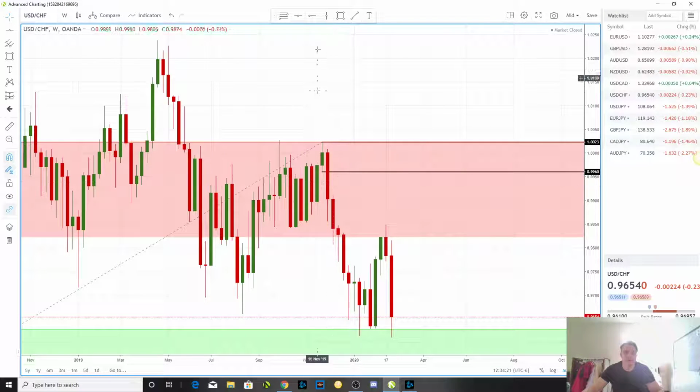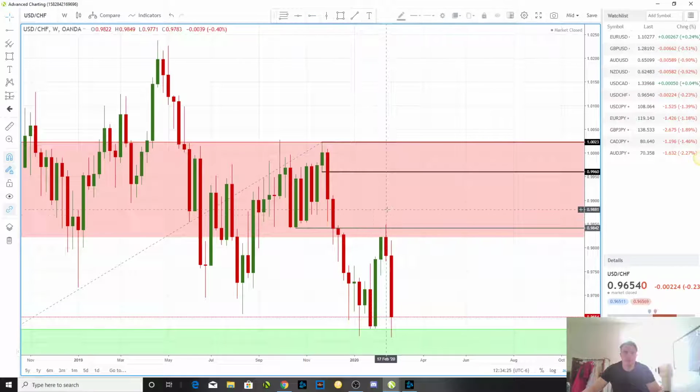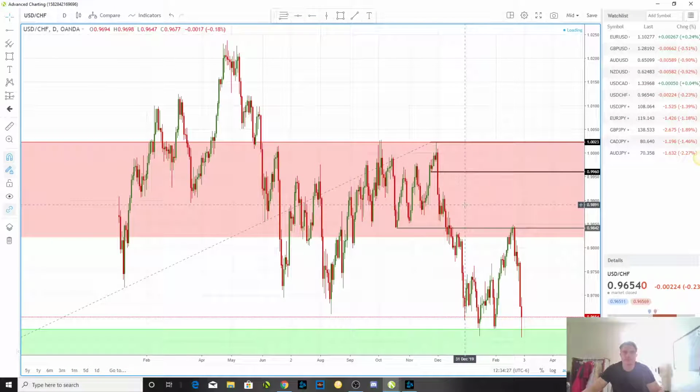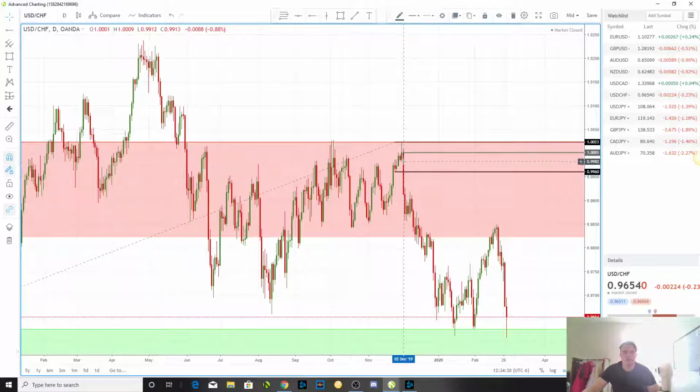What is the dollar franc here? That would be your breakout level on the weekly. Pretty similar thing here.